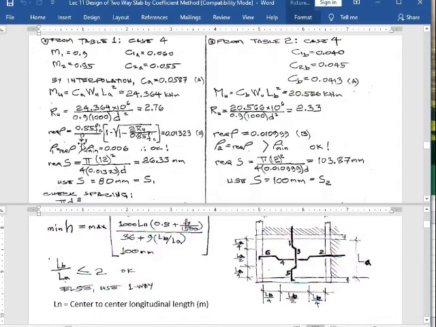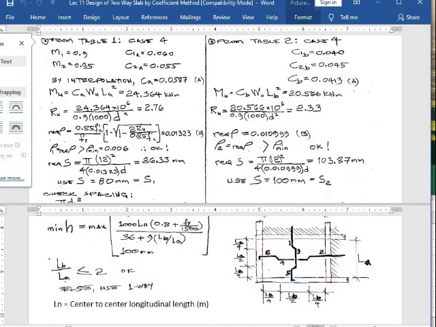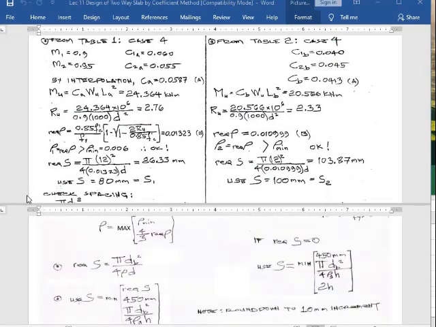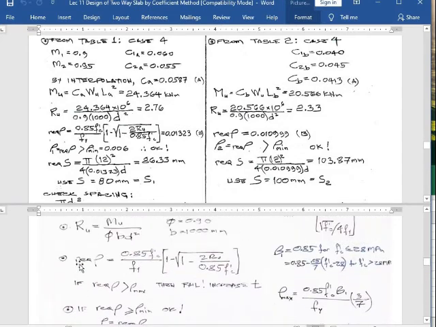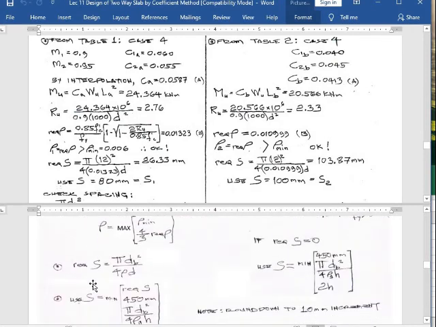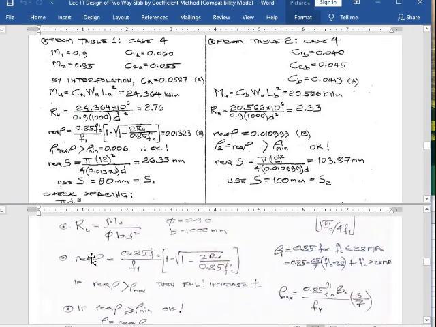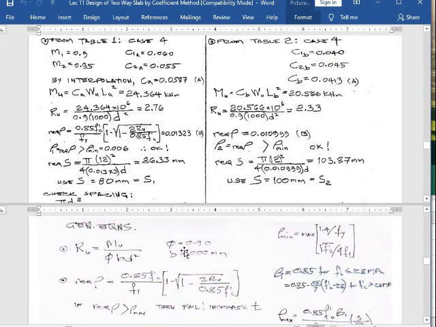So, rho 1 simply means na ito yung ating gagamitin para sa bar number 1. Next, we will now compute the required spacing of your 12 mm rebar. The equation for required S is pi dB square all over 4 rho D. Ito siya. Likewise, nandito rin yung mga equations ng MU, tsaka yung RU. Ayan. RU is equal to MU all over phi dB square, wherein your phi is 0.9.